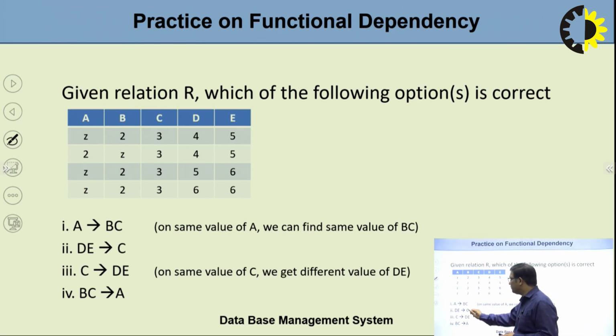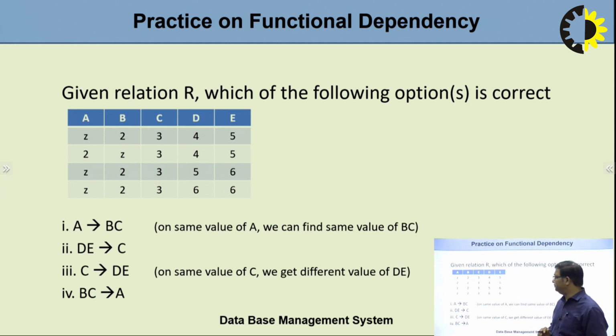If C is functionally dependent on DE, then this statement also becomes true. If DE is functionally dependent on C, then this statement also becomes true. And if A is functionally dependent on BC, then this statement will also become true. So which statement is true among all four? Let's take them one by one.